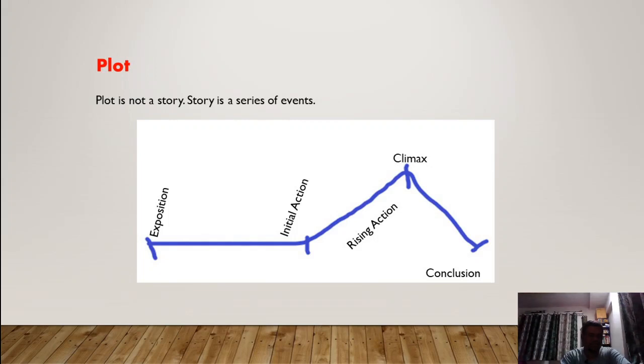It introduces us to the characters, the situations, and the settings, the backgrounds of that action. So, in the beginning, we are introduced to the attitudes of the characters, basically when we talk about short stories. Then you have the initial action.